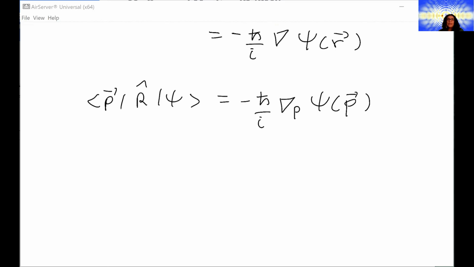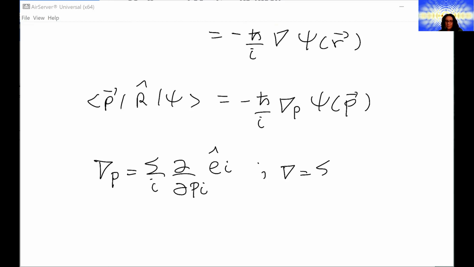So this operator you can write like this: the derivative with regards to components p_i, e_i, and here you have delta x_i, e_i.